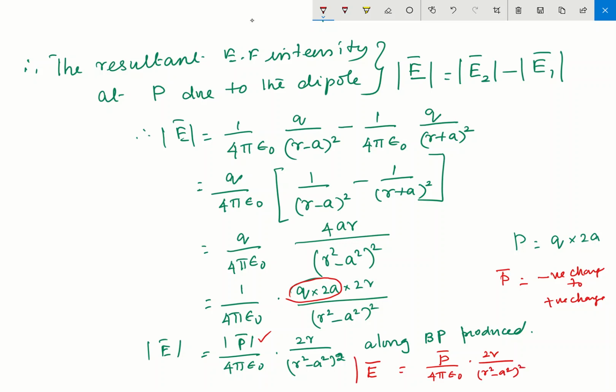There is no need to write along and all, it is well understood. E and P are in the same direction. Earlier I wrote them in terms of magnitude as well as along BP produced, but here this is enough. This gives the final expression in vector notation. Right? Next one, let's see.